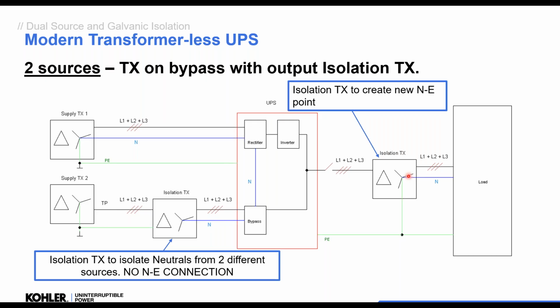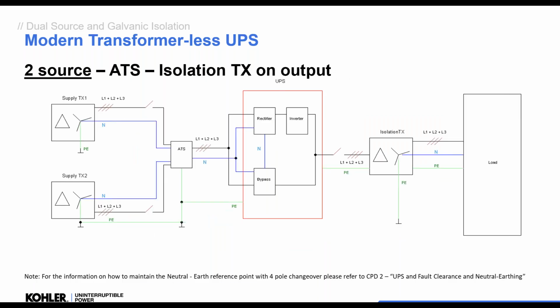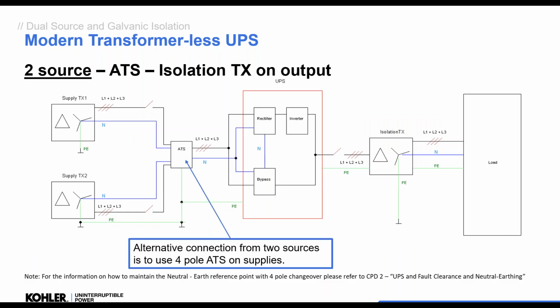Now that means we have to have 2 transformers. With a transformerless UPS, we have the option of using an automatic transfer switch, okay, for dual source. Now this is a good alternative to having dual source into the UPS, because it means that whichever supply is available will feed both the rectifier and bypass. So typically we will be running on, let's say, supply 1, feeding rectifier and bypass.